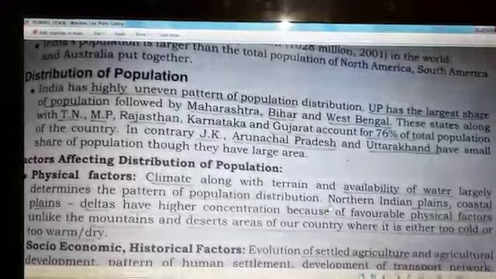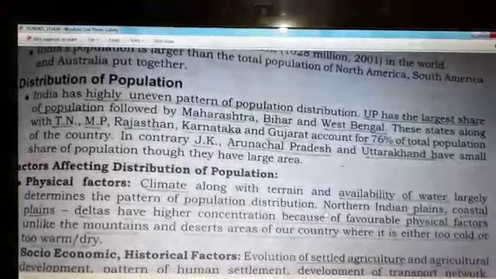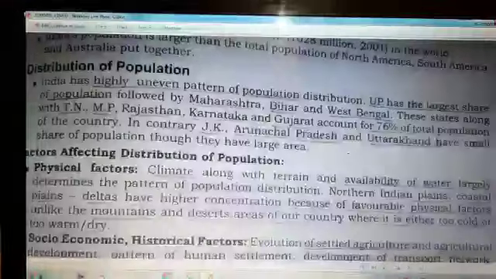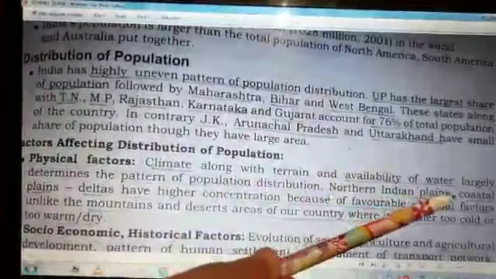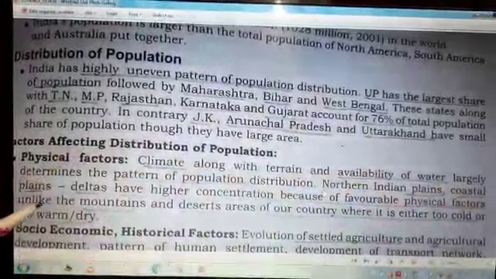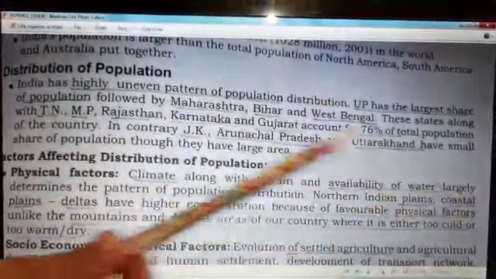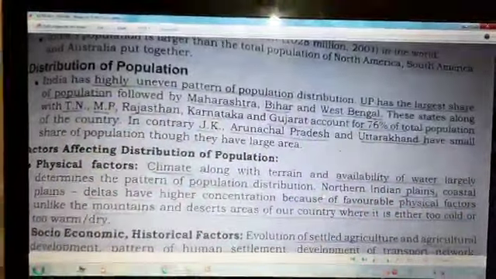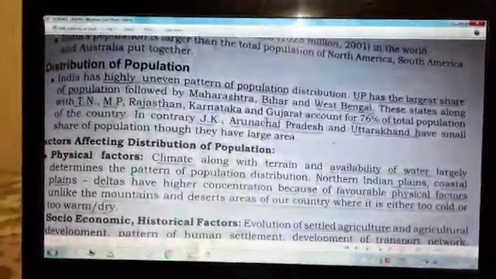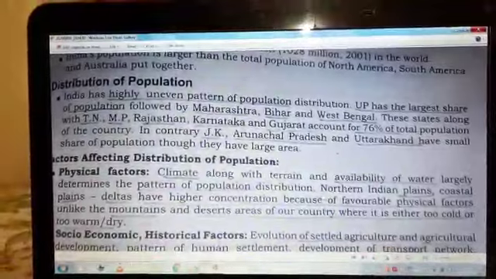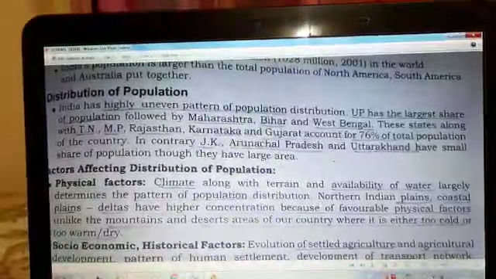If we talk about India, it has a kind of subtropical climate, which is neither very hot nor very cold, right? The North Indian plains, coastal plains and deltas have high concentration because of favorable physical factors. We have northern plains, coastal regions and deltas, which have high availability of water, and the climatic conditions are quite favorable.